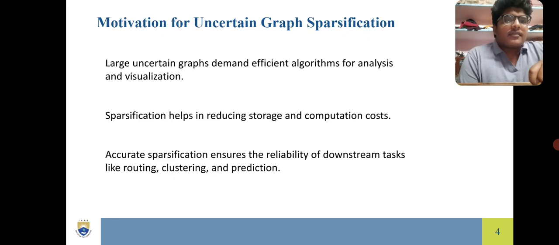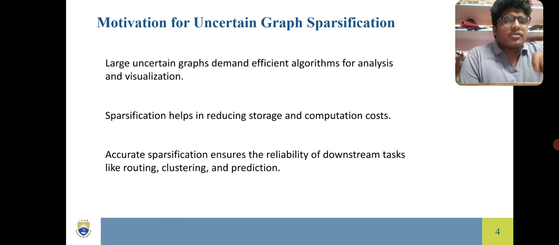Motivation for uncertain graph sparsification. Large uncertain graphs demand efficient algorithms for analysis and visualization. Sparsification helps in reducing storage and computation costs, because it makes uncertain graphs better. It reduces the storage cost because we don't need to buy or extend our storage, and it reduces computation costs also.